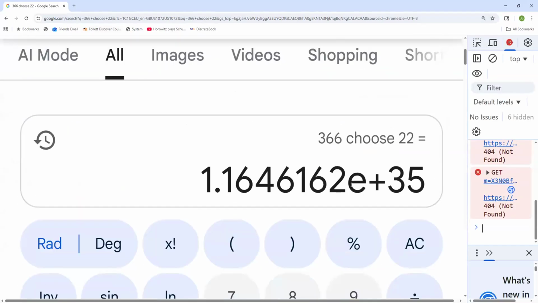There are more than 1.16 times 10 to the 35th power, which is more than a billion times a billion times a billion times 10,000. That's how many possible combinations there are of choosing 22 days out of the 365 days of the year. So that's why it's so likely that two people have the same birthday when you choose that many people out of the whole year.